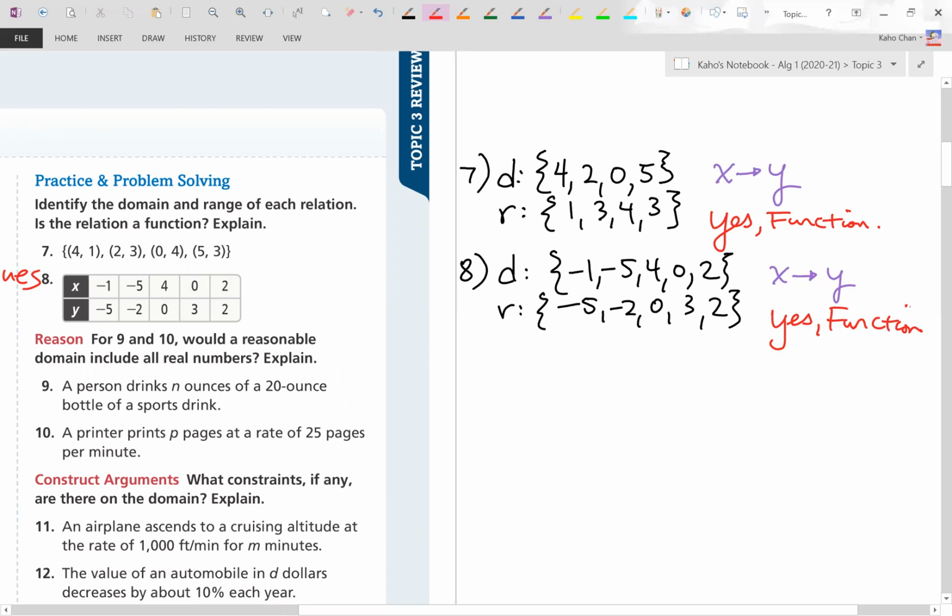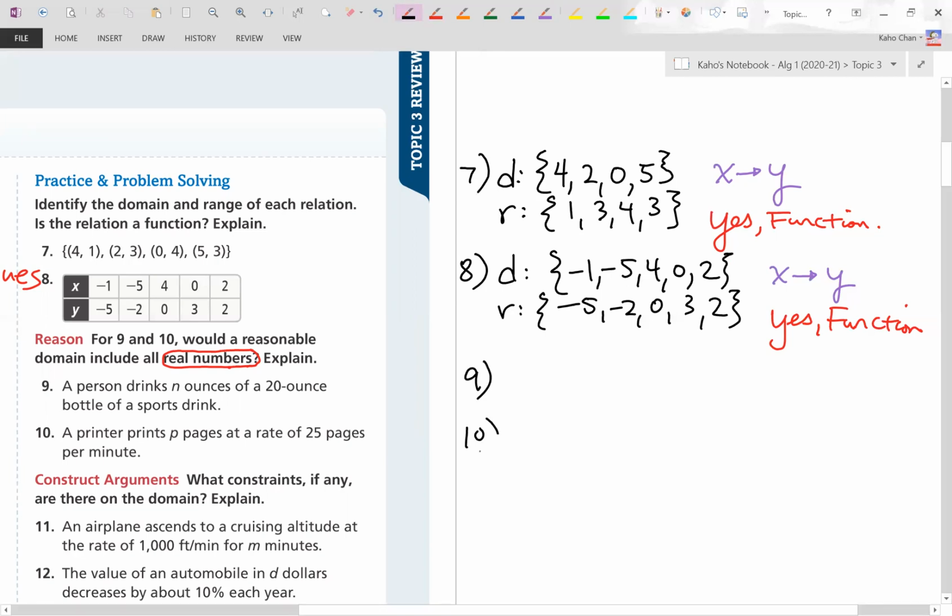All right. Number 9 and number 10 are kind of interesting. It's a very subtle question. Would a reasonable domain include all real numbers? Now, real numbers are like all the whole numbers and their opposites, the decimals and fractions. And look at number 9 and number 10.